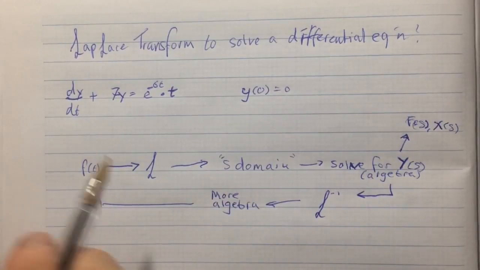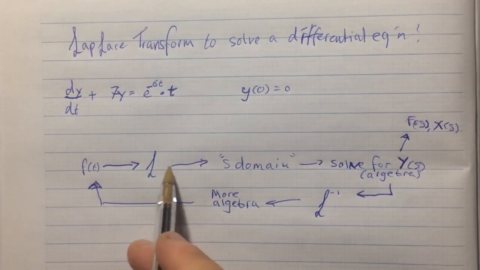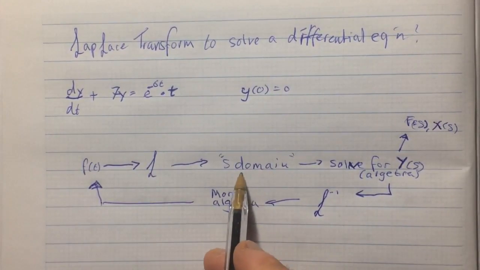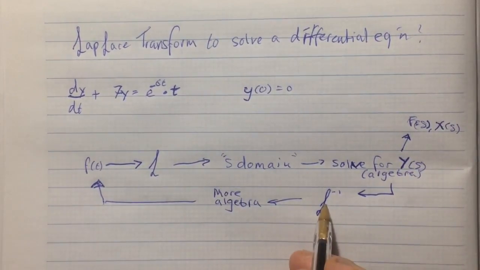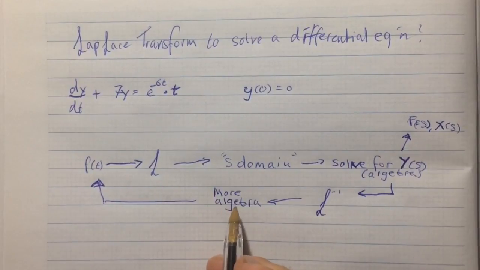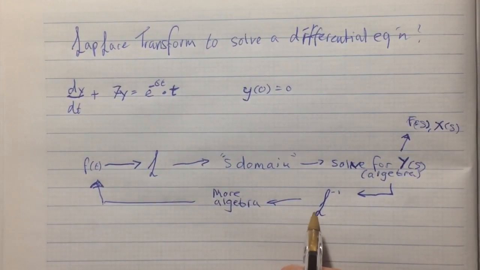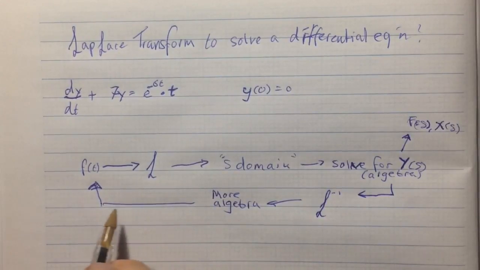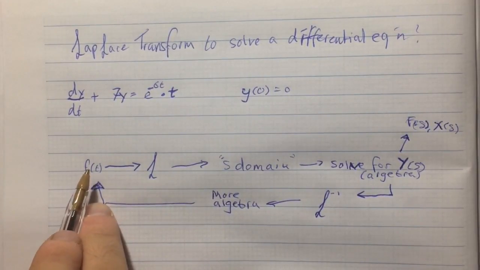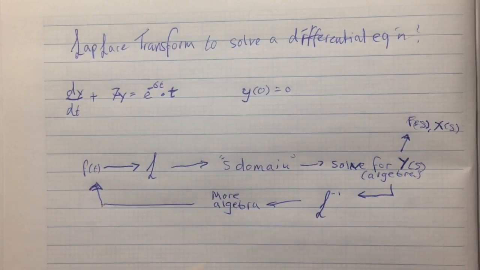So that's the way it goes. So f of t, you take the Laplace transform, you have it in the S domain, you solve for Y(s), and then you take the inverse Laplace transform, more algebra, and when you finally apply the inverse Laplace transform rules, you'll get to f of t. So that's pretty much the gist of it.